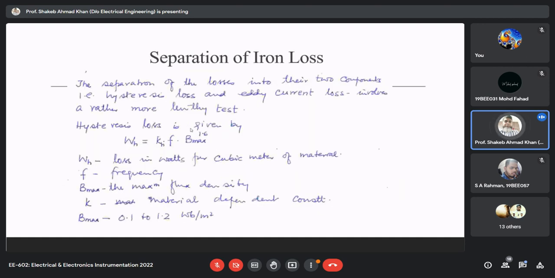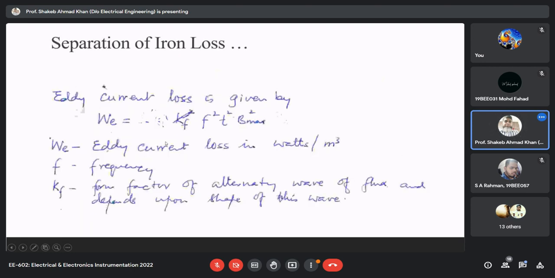Now if you look at these equations, this is a very important point you should note down. We are considering that the flux density in the core whose iron loss we want to separate is constant here. So the only variable is frequency.